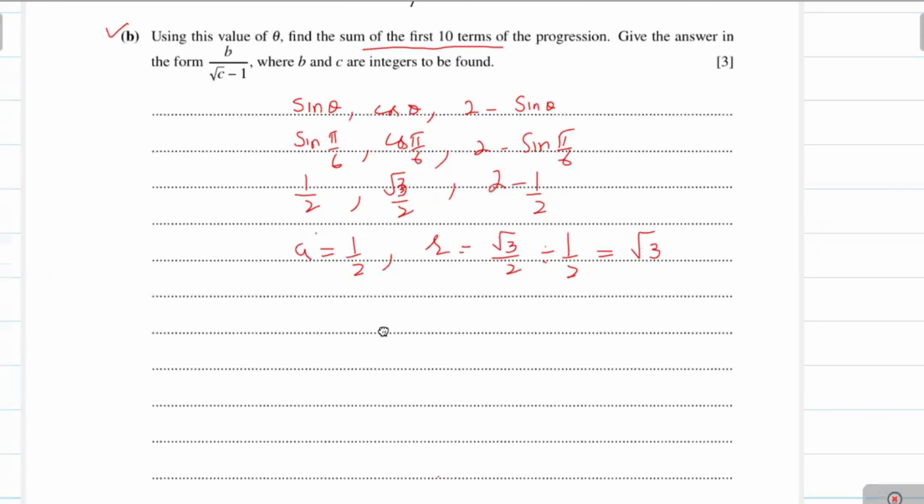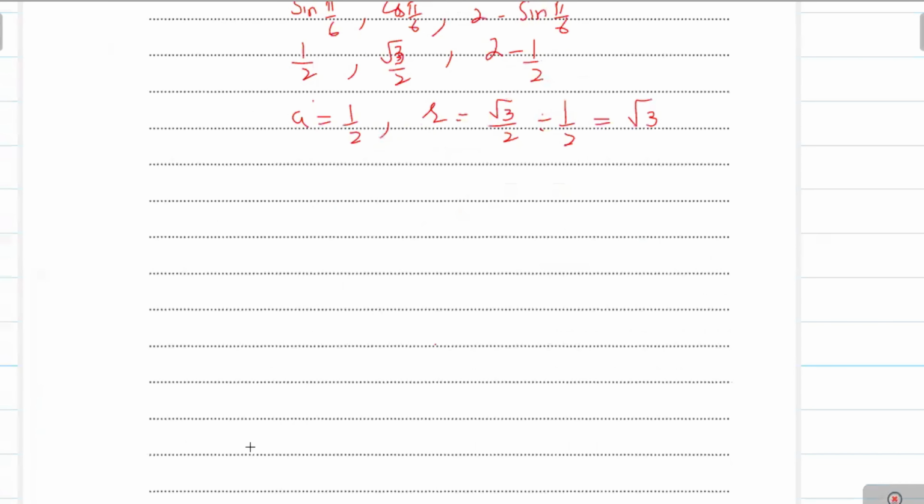Now for the sum of the first 10 terms, the formula for the summation of a geometric progression is a into (1 minus r power n) over (1 minus r). You see here a is 1 over 2, we write it as 0.5. r here is square root 3 power 10, and 1 minus r is 1 minus square root 3.